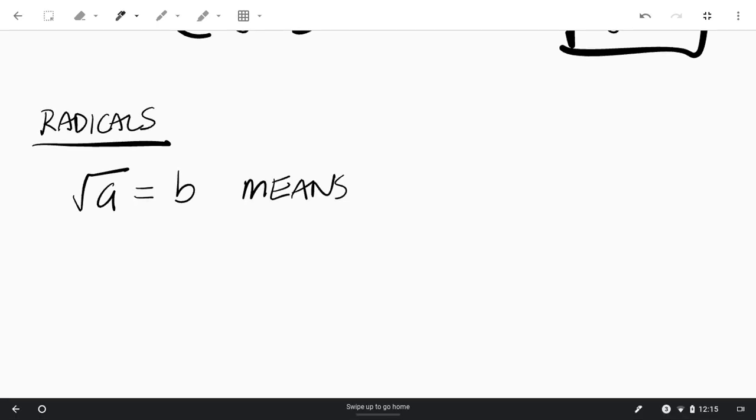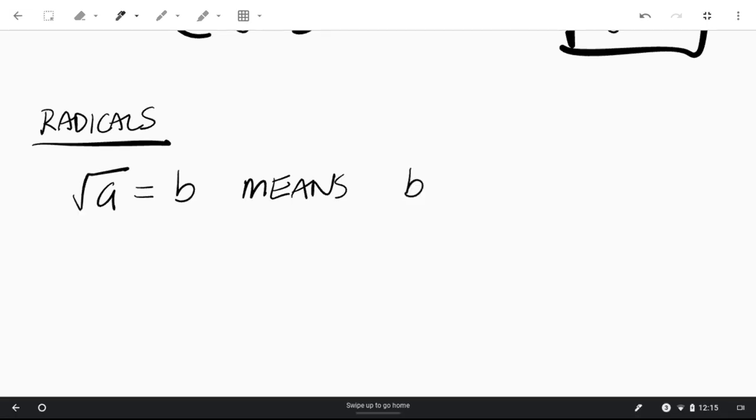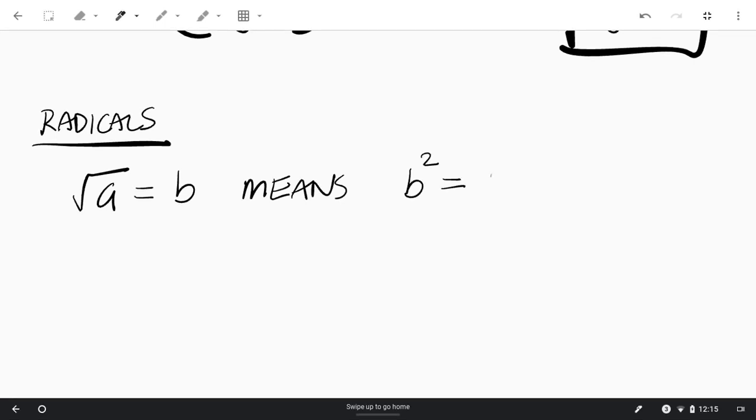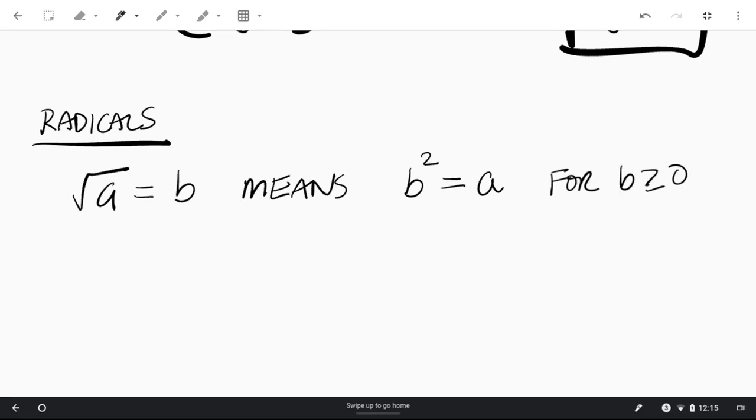Okay, so radicals. All right, so if you see this, square root of a equals b, then that basically means that if you take that b and you square it, then that should equal the number a on the inside. And again, this is for b greater than or equal to 0. Because we're not, well, we'll get into negatives later. Okay.